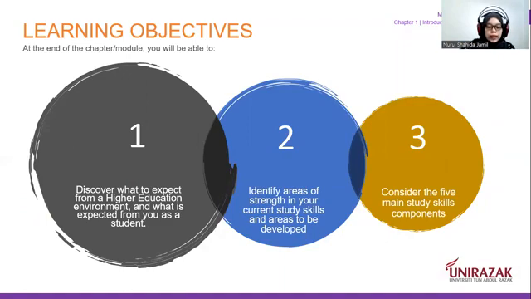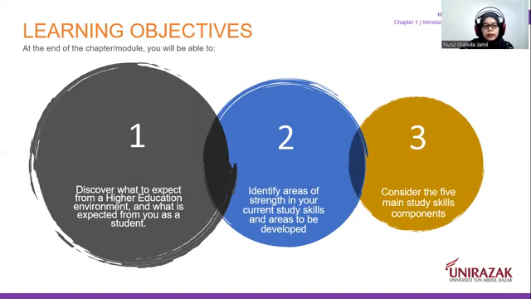Every learning has its own purpose. For this topic, the learning objective is that I hope by the end of the chapter, you will be able to discover what to expect from a higher education environment and what is expected from you as a student.